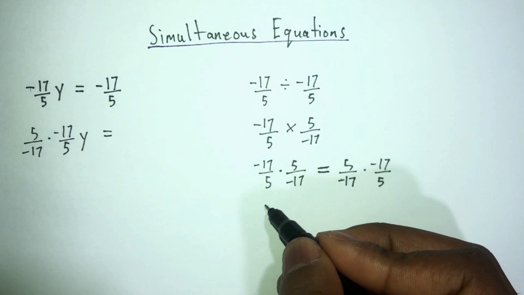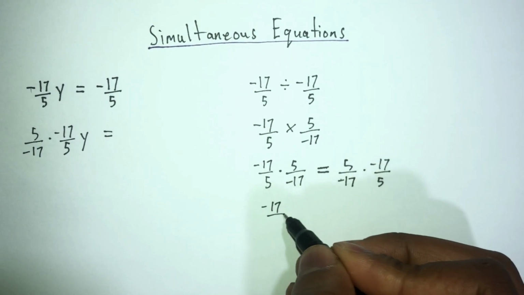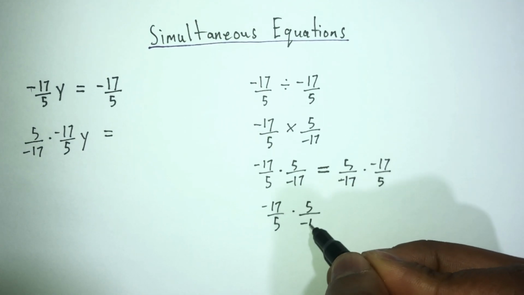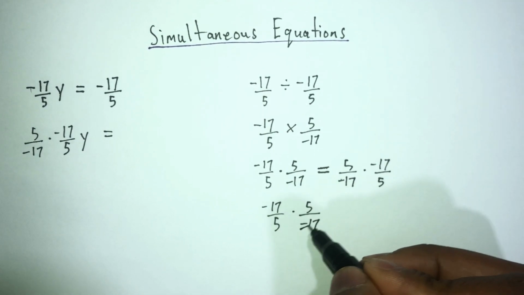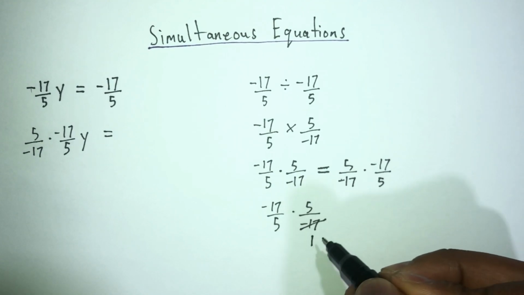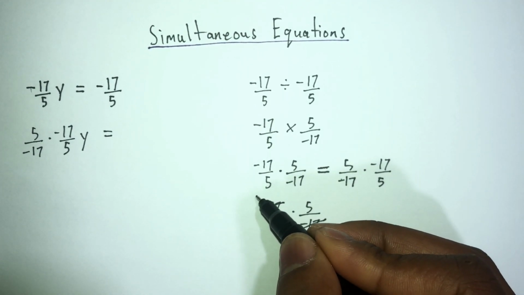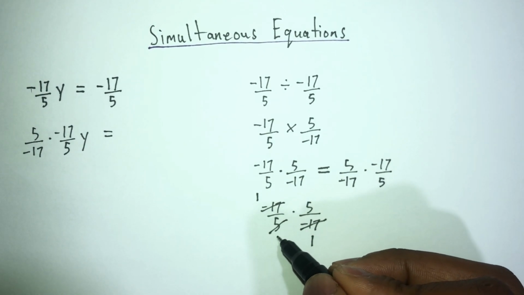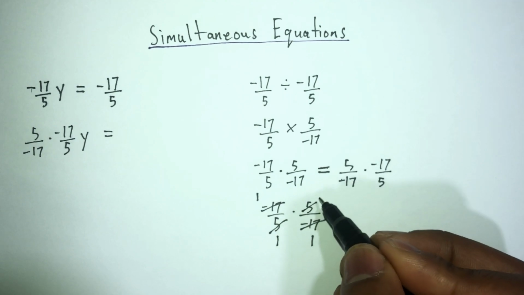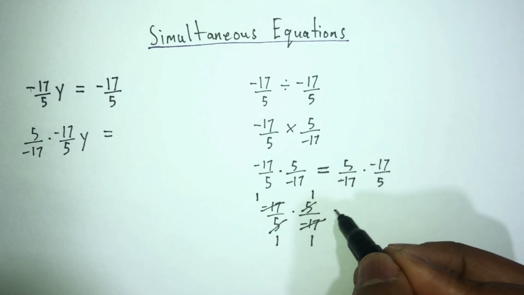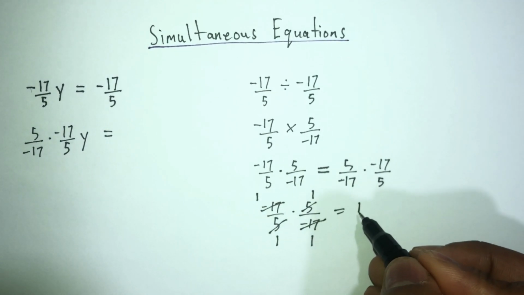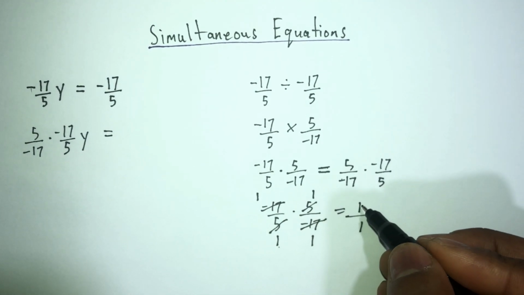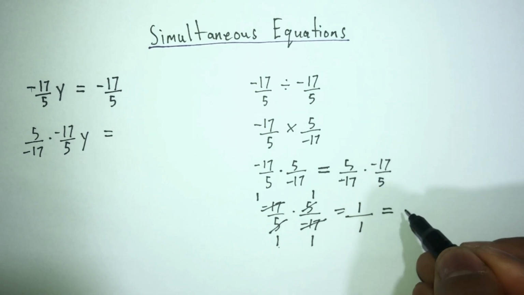So this leaves us with negative 17 into negative 17 goes 1 times, 5 into 5 goes 1 time. 1 times 1 is 1, and 1 times 1 is 1, and 1 over 1 is 1.